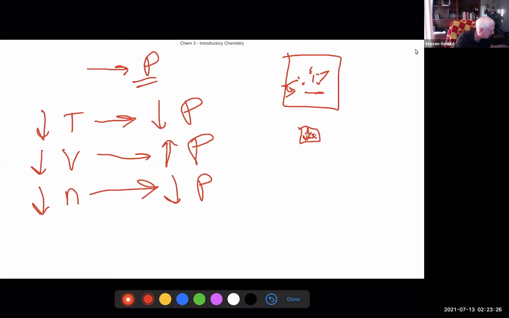Okay, diffusion and effusion. This is how a gas molecule moves through a given space. There's your diffusion and your effusion, which way it's going to move. Basically all this says is lighter gas particles are going to move faster.